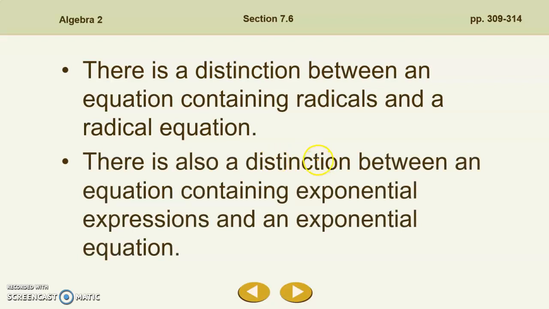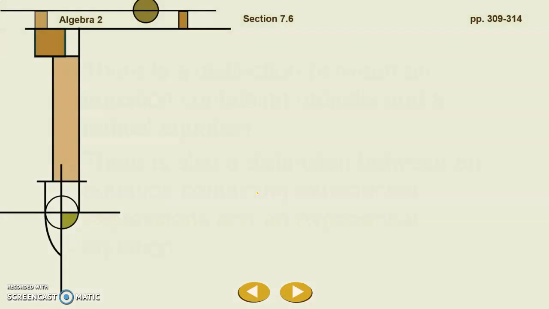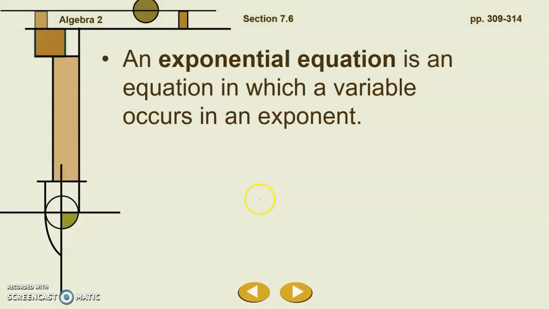There's also a distinction between an equation containing exponential expressions and an exponential equation. An exponential equation is an equation in which a variable occurs in an exponent. All right, so before x to the 1/4, for example, was an expression containing an exponent.